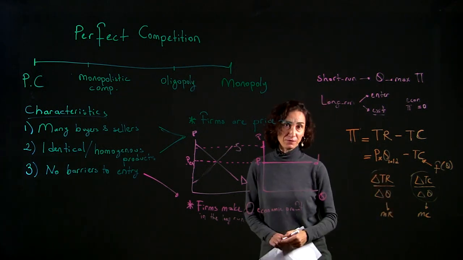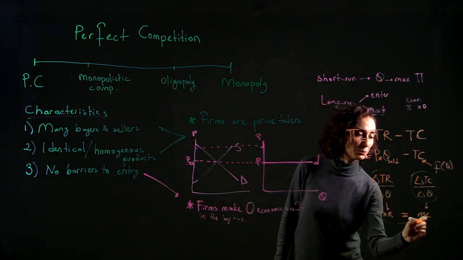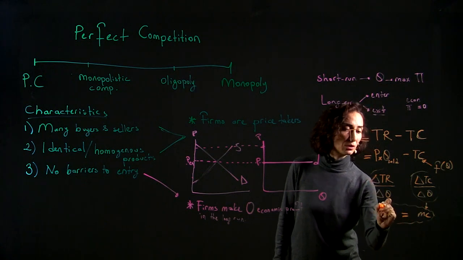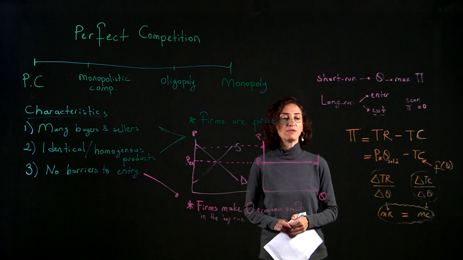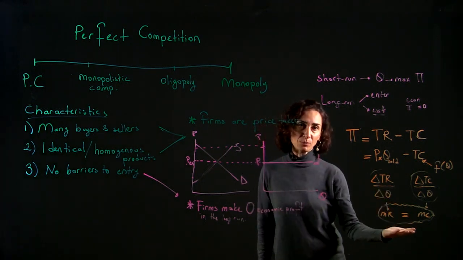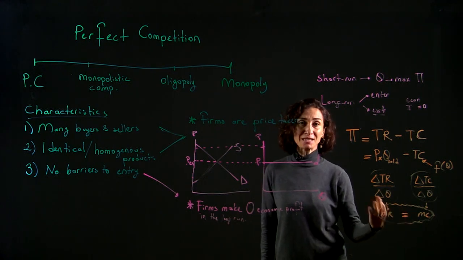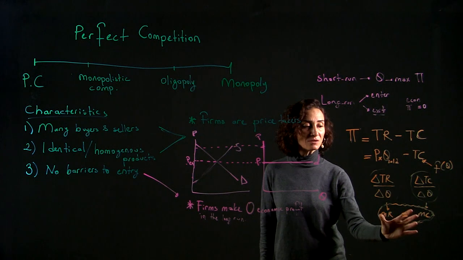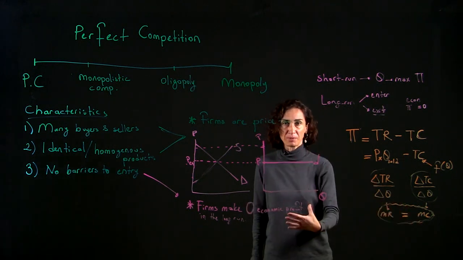So on a graph, this will mean we will produce up to a point when marginal revenue is equal to marginal cost. This is the profit maximizing rule. When we are using numeric examples with discrete numbers, you cannot find this exact point, so I want you to understand the logic behind this.